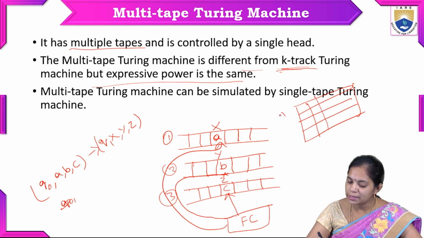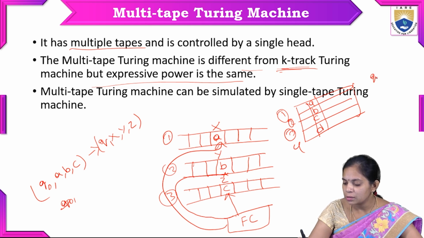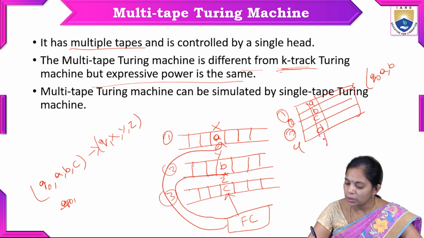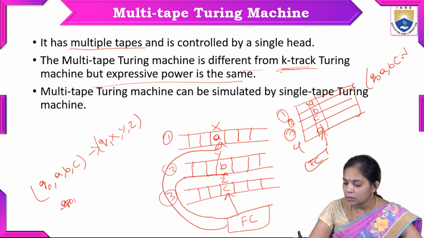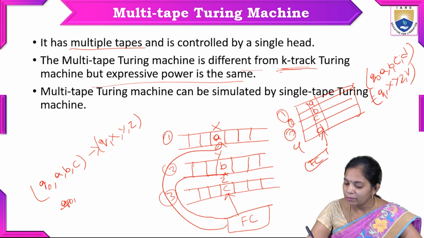In the multi-track one, this is track 1, track 2, track 3 and track 4, with the values A, B, C, D. Here the head is only one, so the finite control is pointing to one row, which says Q1, and we are replacing with X, Y, Z and V. So here at a time we are replacing them.